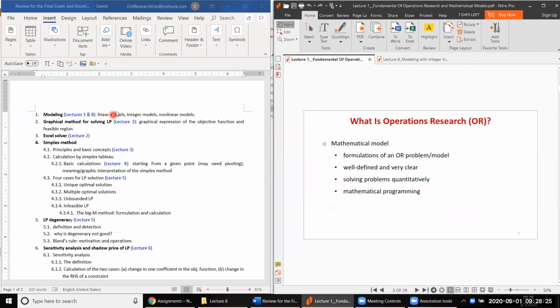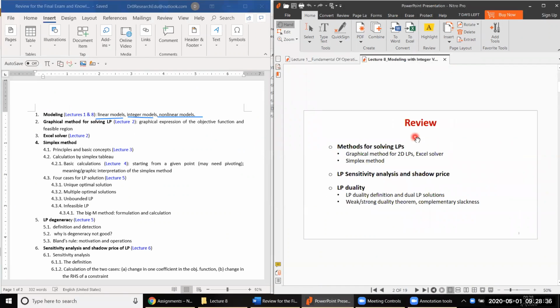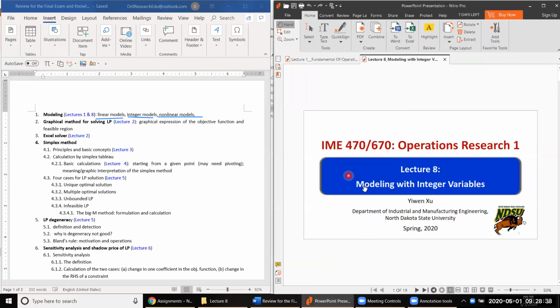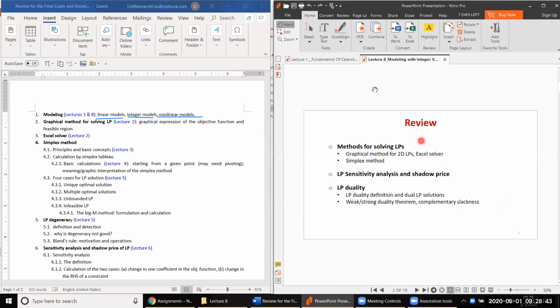We have linear models, integer models, and nonlinear models. So in the exam, it's possible I ask you to formulate a model. Lecture 8 is mainly for modeling with integer variables. And also, remember, we had a homework.